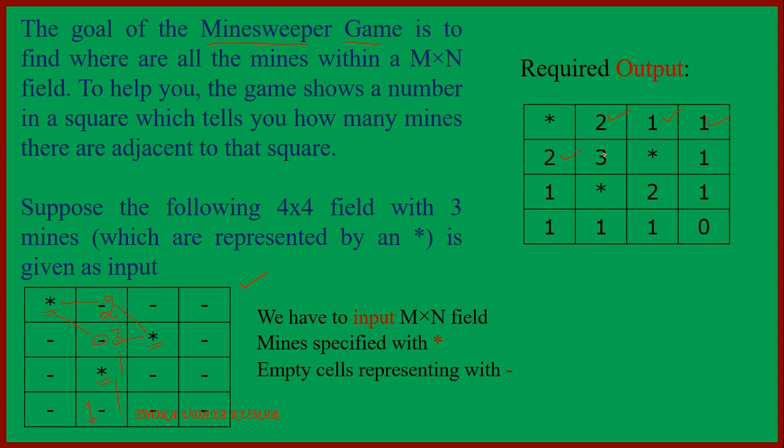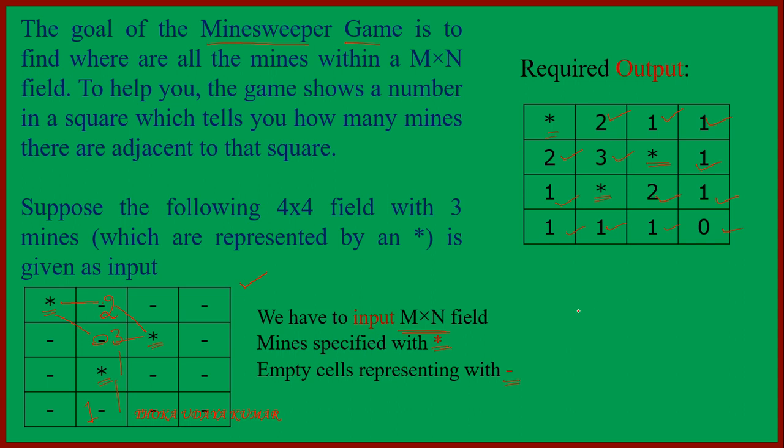You have to put numbers counting the number of adjacent stars in each cell. This is the problem statement given. So for this problem you have to input m by n values. M by n values means matrices in mathematics. To do it, we will take an array and we will input a star wherever we want to mention a mine, and empty cells will be represented with minuses.